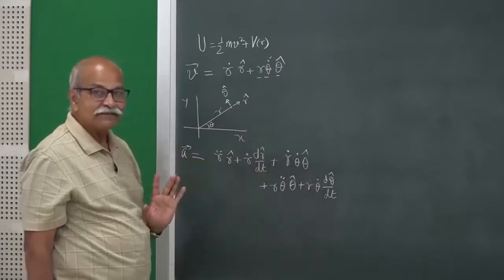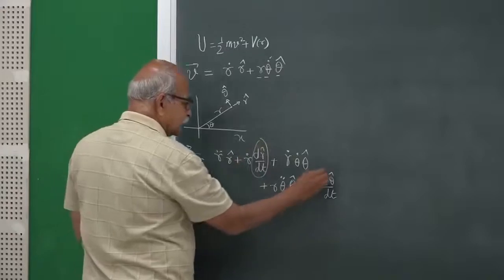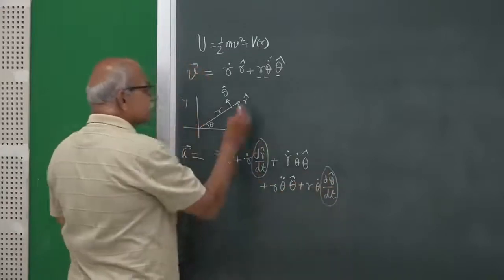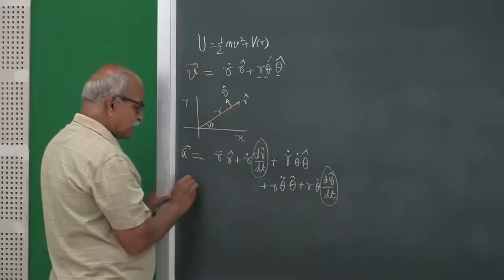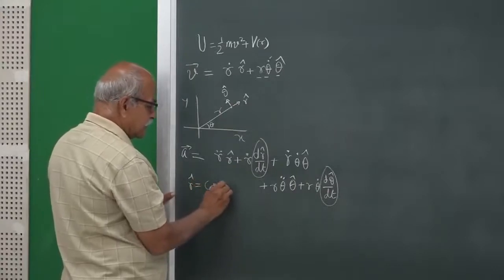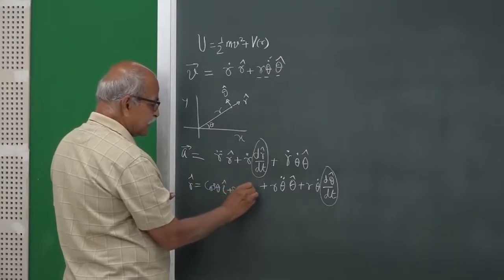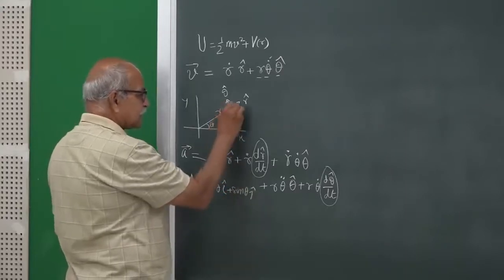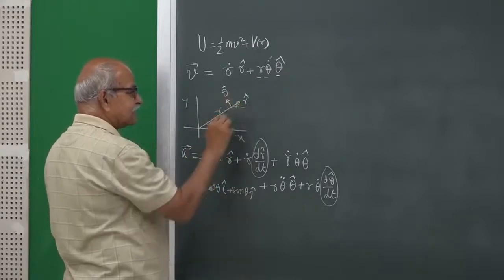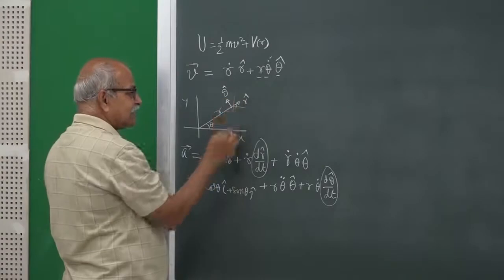So, you write this way, and then you know how to write this. This r cap is cos theta i cap plus sin theta j cap, because this is the x axis. So, this is x direction, this is y direction, this angle is theta. So, this r cap you can decompose in cos theta, sin theta.